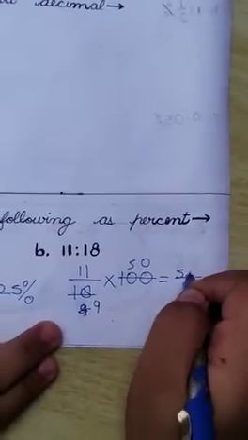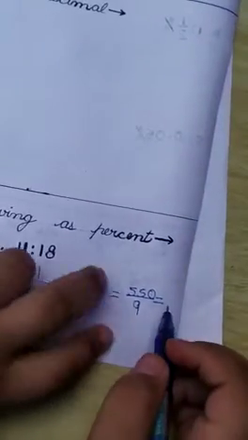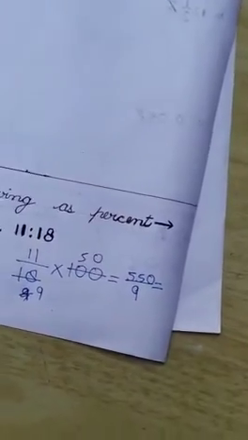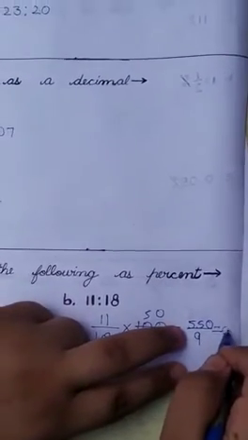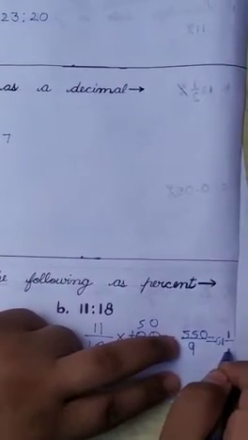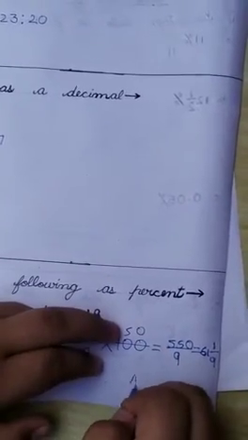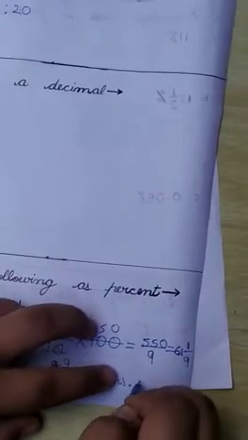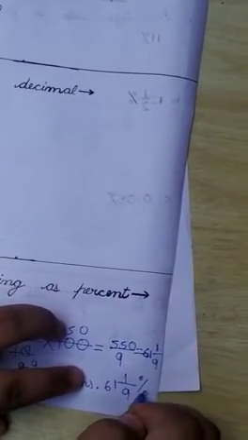So we will get 550 upon 9, and 550 upon 9 is an improper fraction, so we will convert it into a mixed fraction. In mixed fraction we are getting 61 1 upon 9%. So the answer is 61 1 upon 9%.